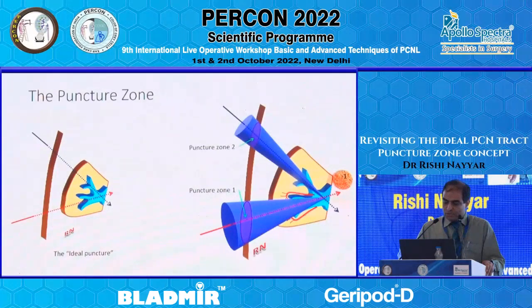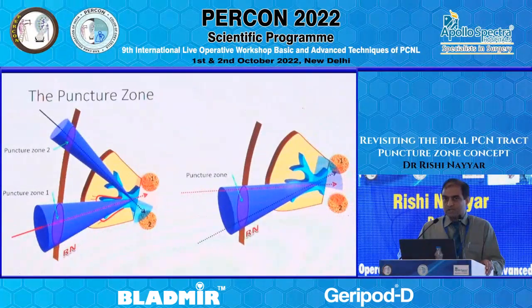So puncture zone 1 provides a corresponding conical area which it can access within the pelvicalyceal system. Puncture zone 1 will provide access to the stone in the red zone, whereas puncture zone 2 would provide access to stone 2, though the manipulation zone of puncture zone 2 is going to be less than that provided by zone 1.